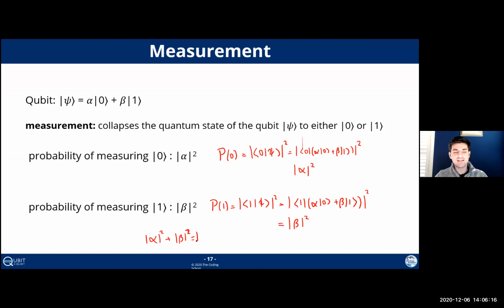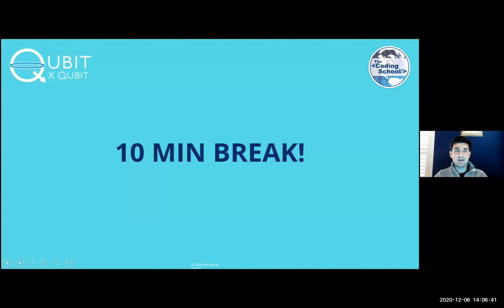But now we see that this also ties back to why quantum states need to be normal. In order for the concept of measurement on a quantum state to make sense in terms of the outputs, the overlap of a quantum state with itself needs to be 1, or it needs to be normal. Okay, with that, let's take a 10-minute break, and then we'll be talking about quantum operations afterwards.